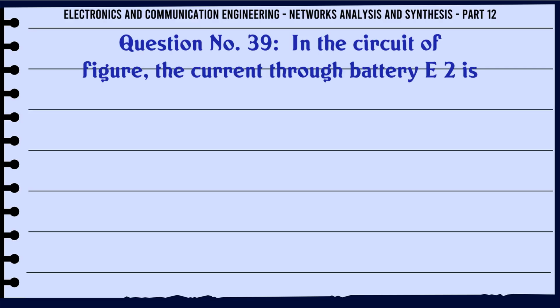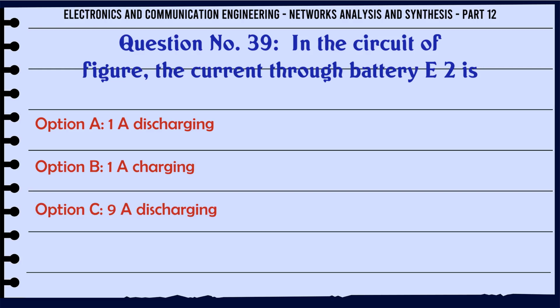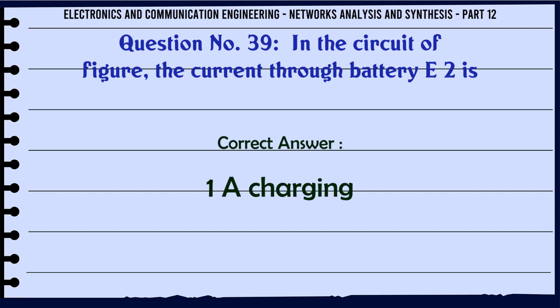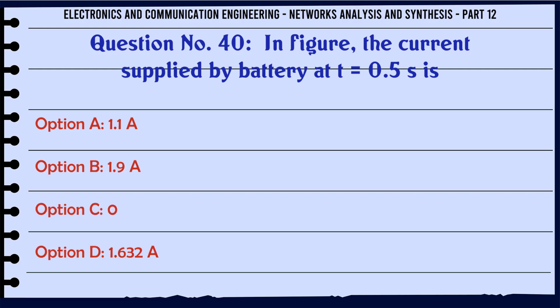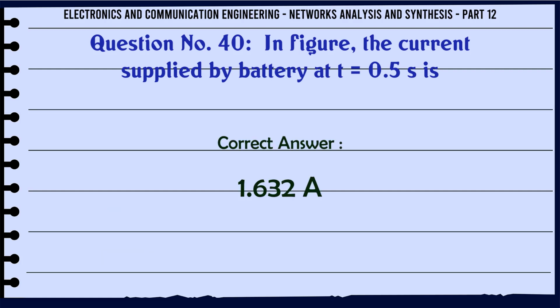In the circuit of the figure, the current through battery E2 is A) 1 A discharging, B) 1 A charging, C) 9 A discharging, D) 9 A charging. The correct answer is 1 A charging.